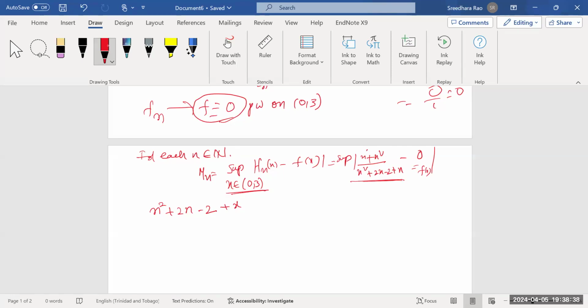So we know that n squared plus 2n minus 2, okay. What we are going to do: is this value greater than n squared? Is it correct or not? Is n squared plus 2n minus 2 greater than n squared or not?